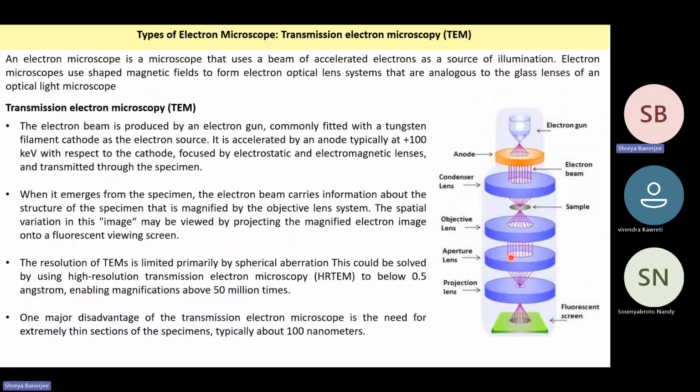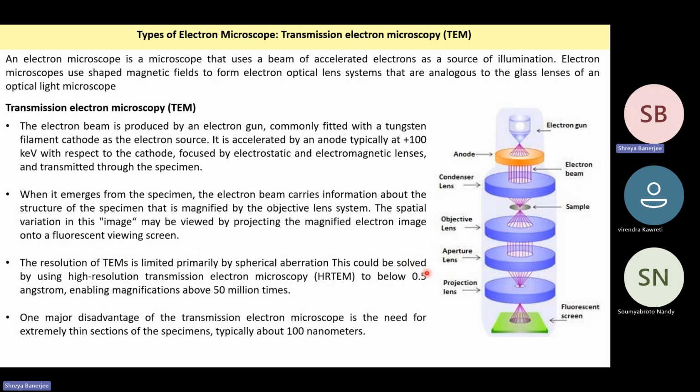Here only a small region is shown, but the beam actually passes through the entire lens. When the beam passes through the edges of the lens, it is refracted to a different extent compared to the beam of electrons passing through the center. So this kind of spherical aberration occurs in TEM also, and that will cause a loss in resolution.